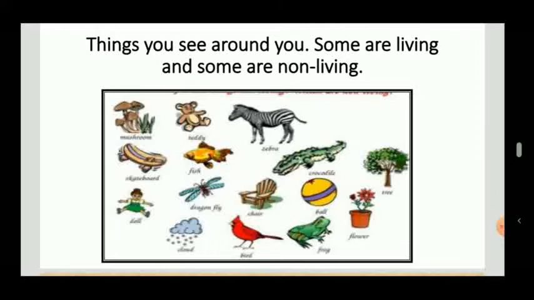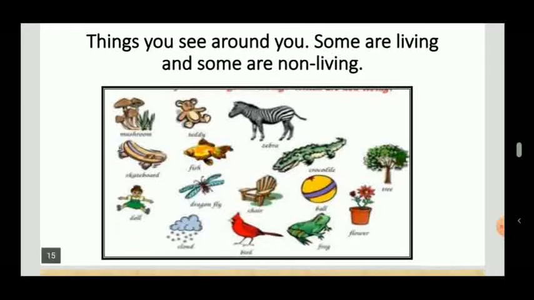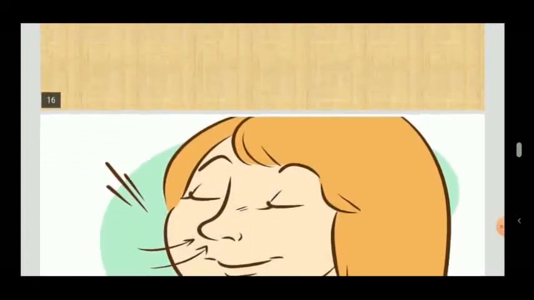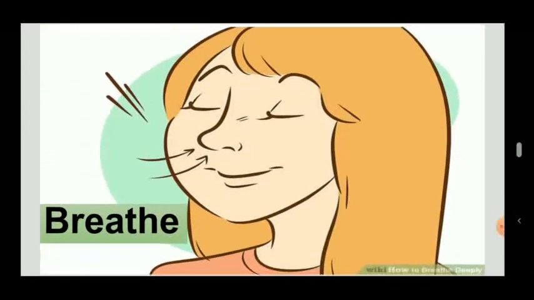So let's see what is different between living and non-living things. Things that can breathe. As we know, we all need air to breathe in. Which things breathe?